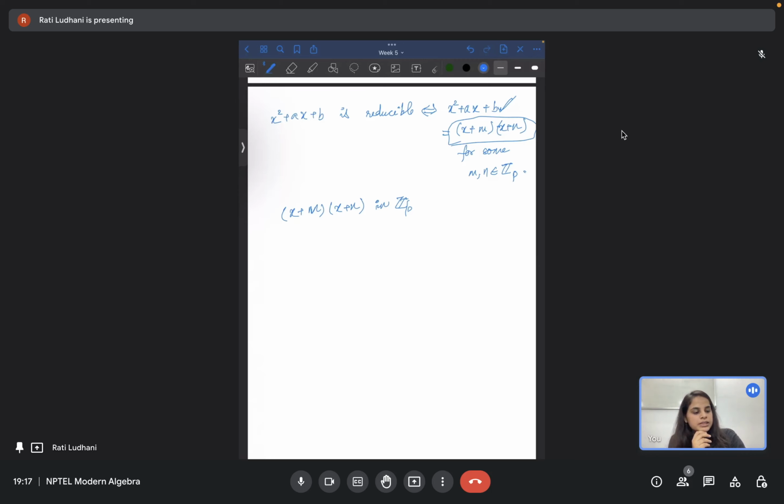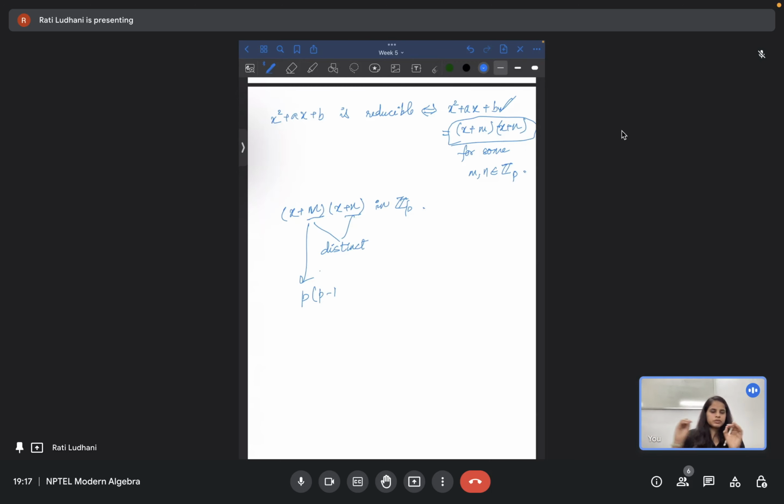First, for counting, let's say these are distinct: m and n are distinct. Then what possibilities do you have? Here you have p possibilities, and here you have p minus 1 possibilities.